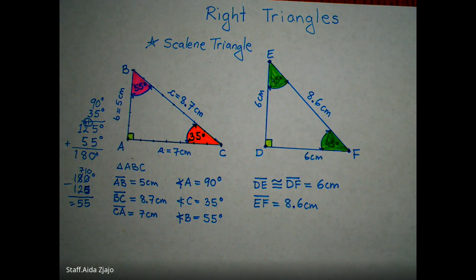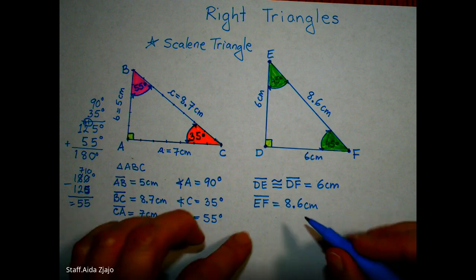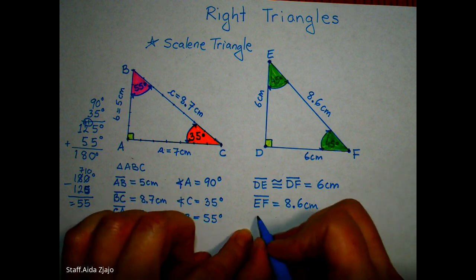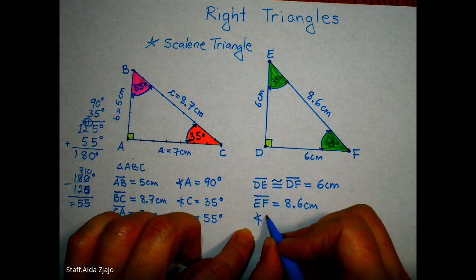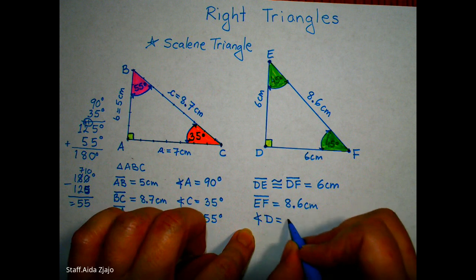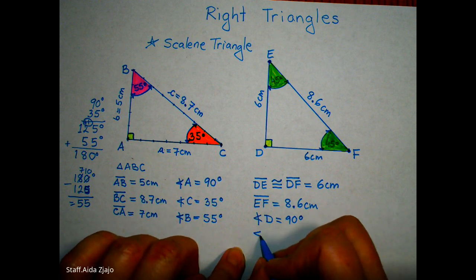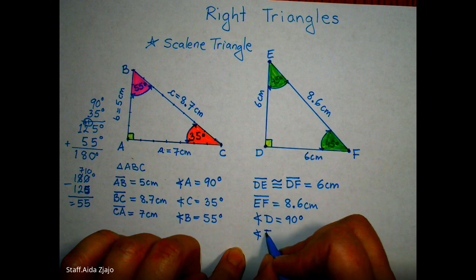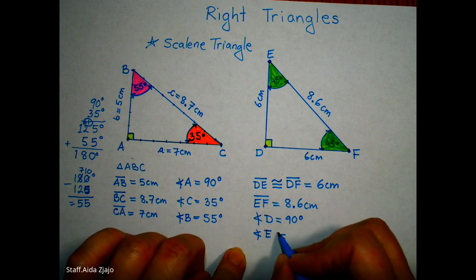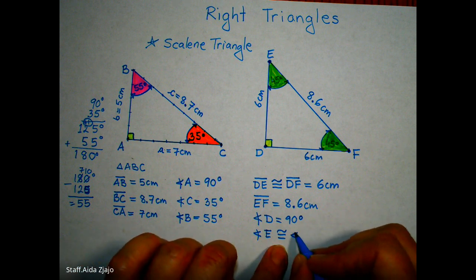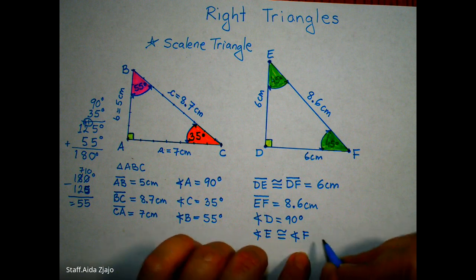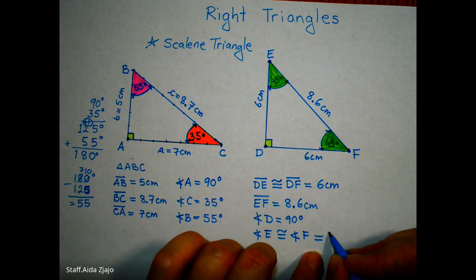So we can say that angle D is equal to 90 degrees, and angle E is congruent to angle F, and both are equal to 45 degrees.